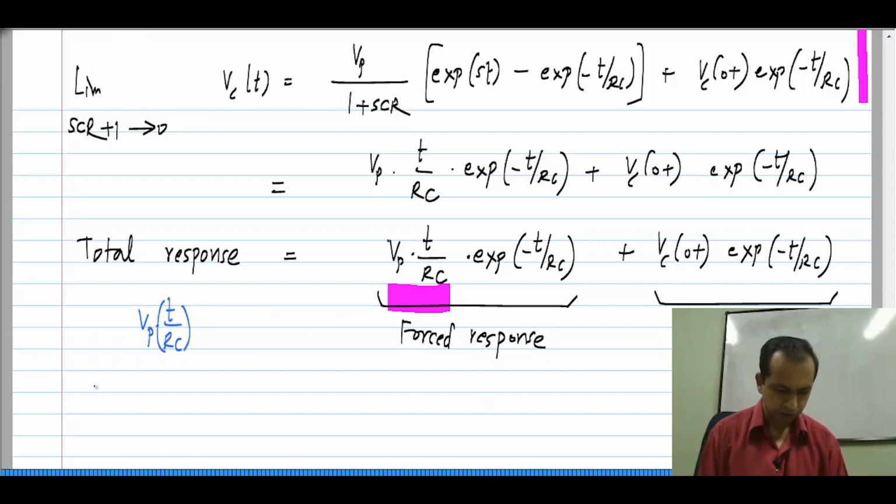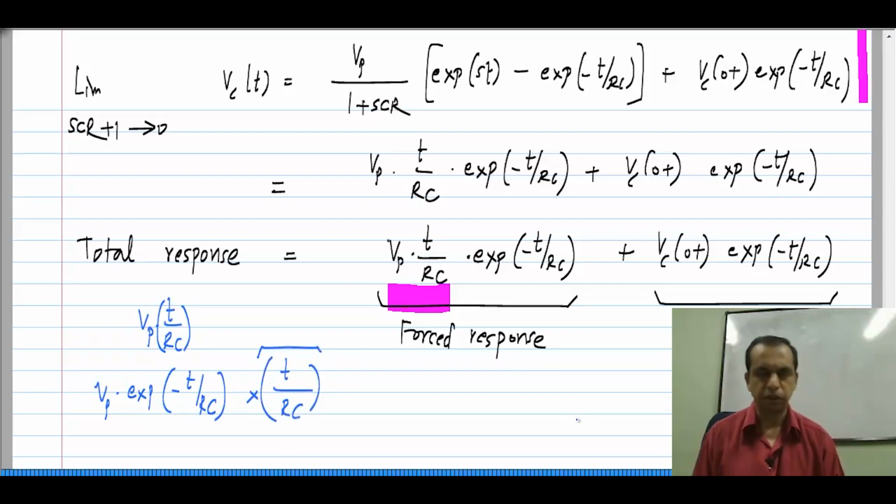Remember, the input was Vp exponential minus T by Rc, and it gets multiplied by T by Rc. And if you observe this multiplying factor, or the gain, so to speak, of the forced response, this goes to infinity as t goes to infinity.